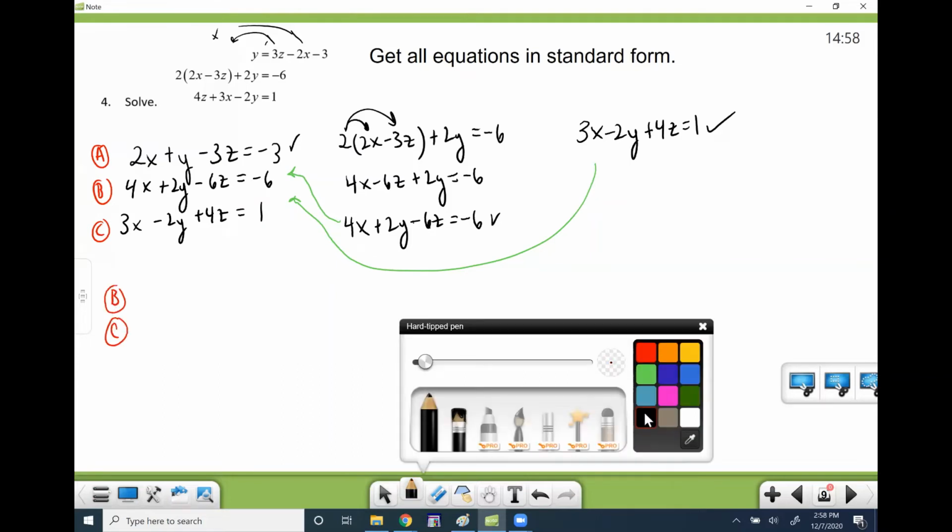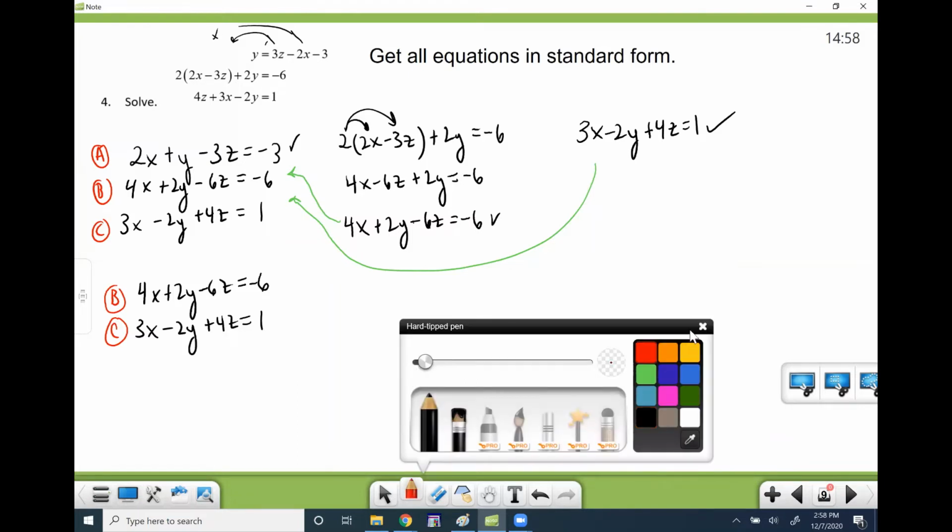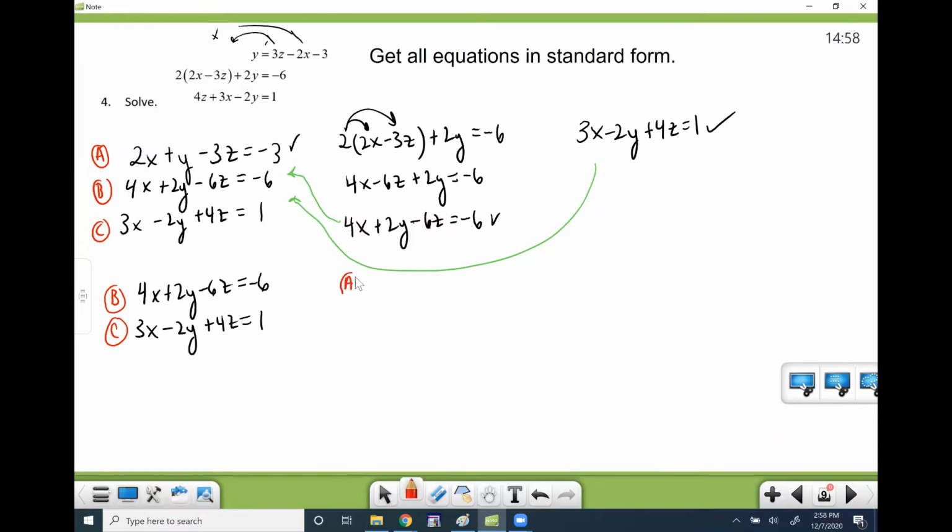Okay. Now, if we put those two together, which we're going to, and we make the y's go away, then don't forget that when you pick any other two equations to put together, you have to make the y's go away there also. So here's what I'm thinking. I'm thinking about putting equations A and C together, okay?